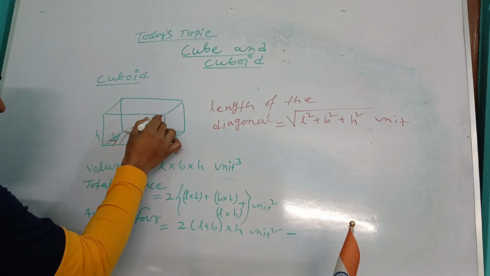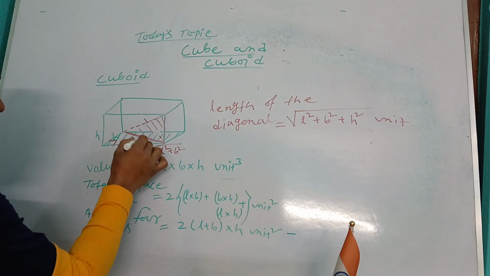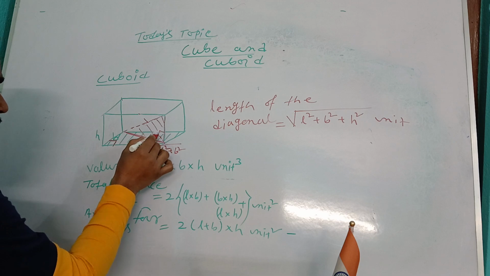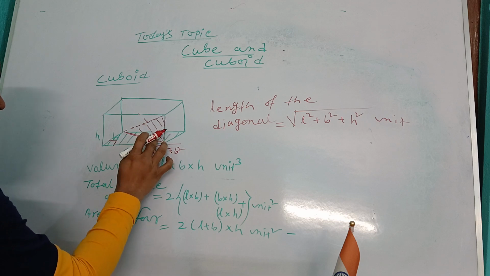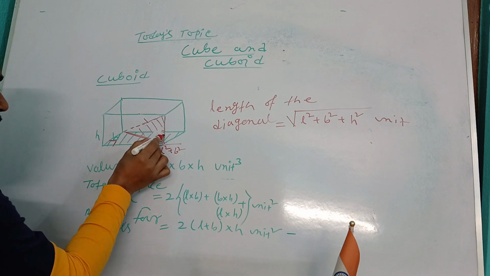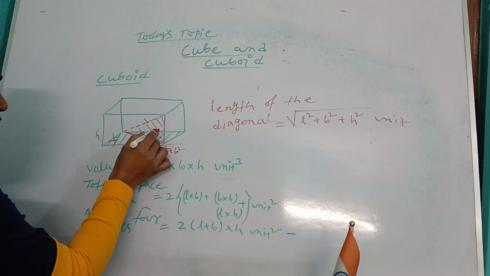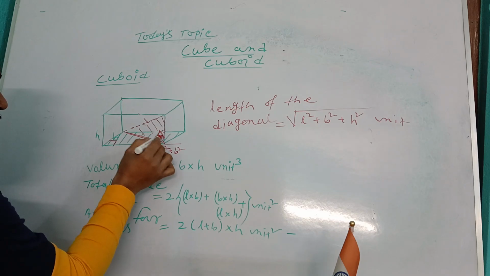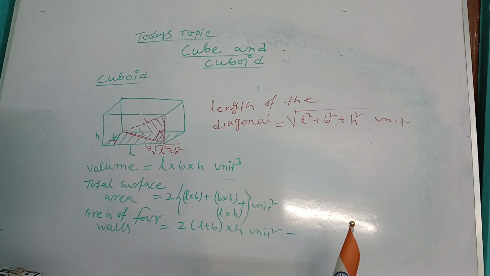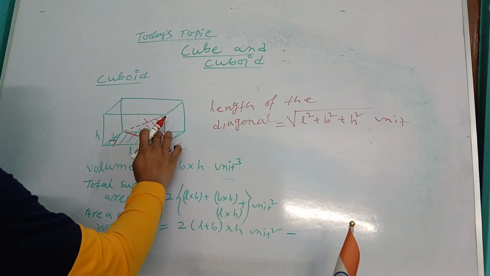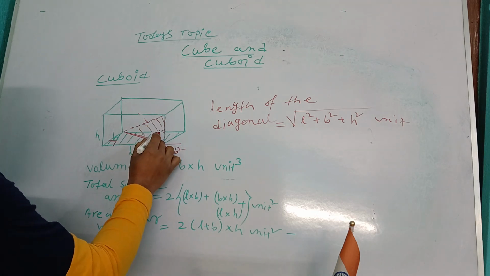Now we have this as 1, this is 1. I'm considering one triangle, and here it is a 90 degree angle. Are you getting my point?